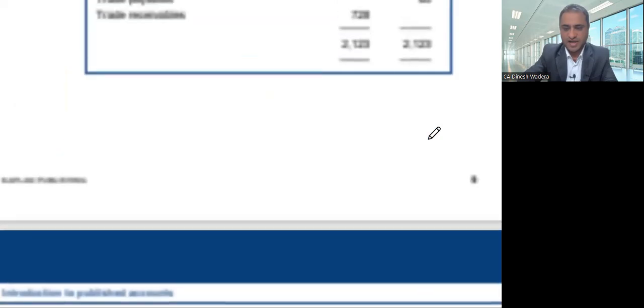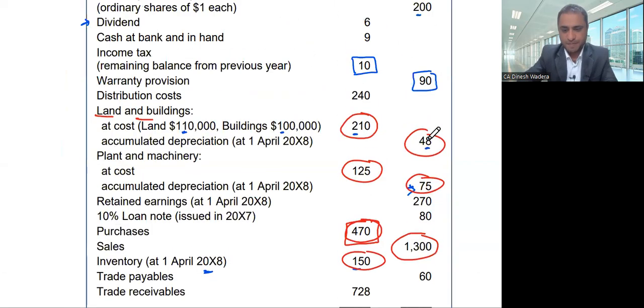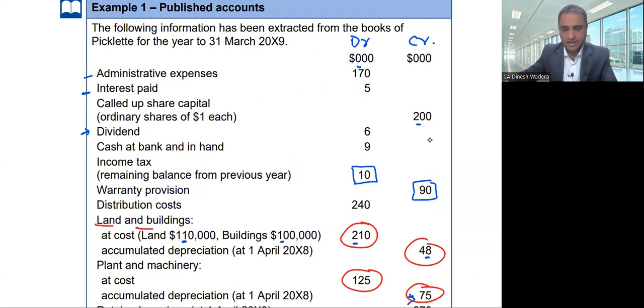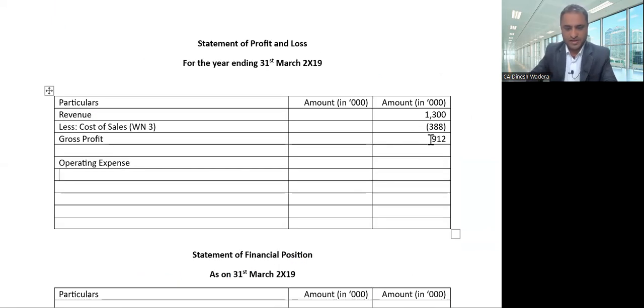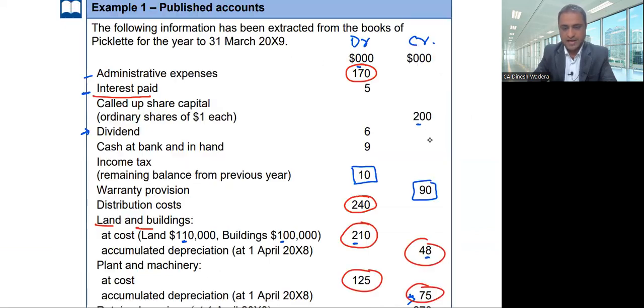See, hardly there are three, four expenses. Interest is a non-operating expense, administration cost is an operating expense, and distribution cost is an operating expense. So operating expenses will include administrative expenses and distribution expenses.